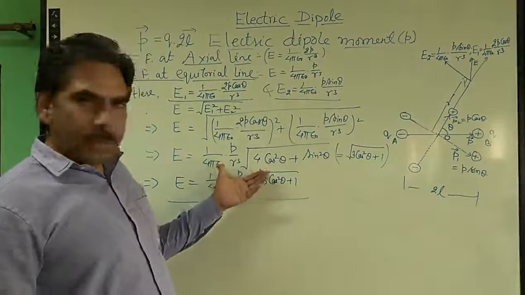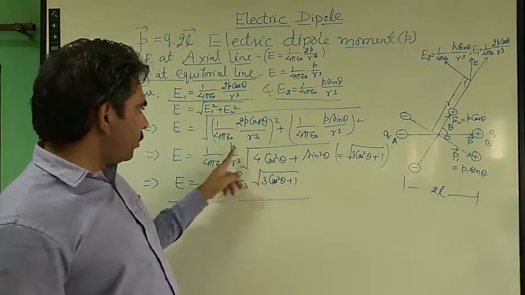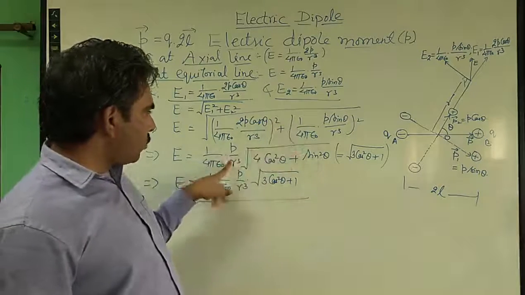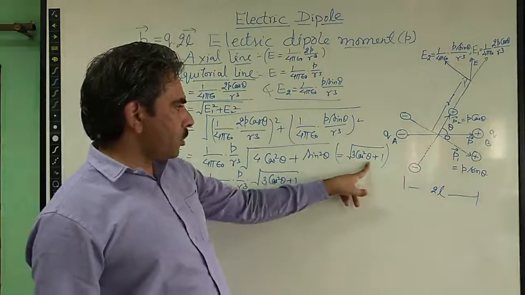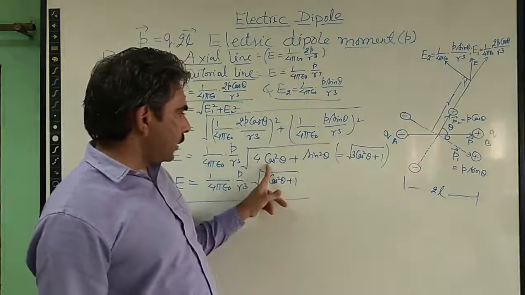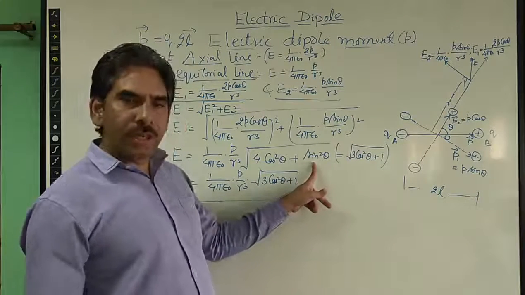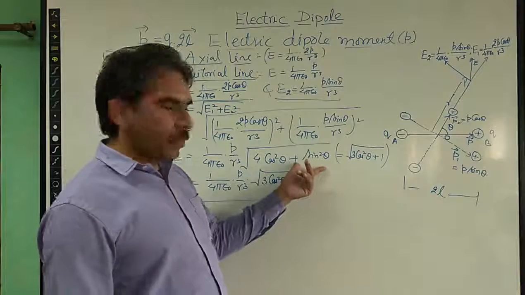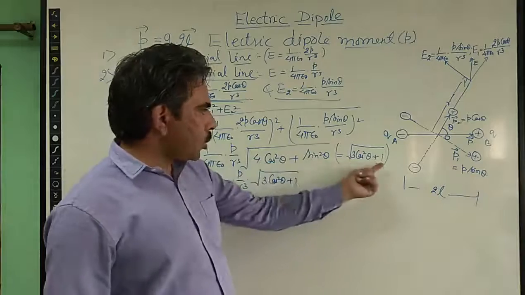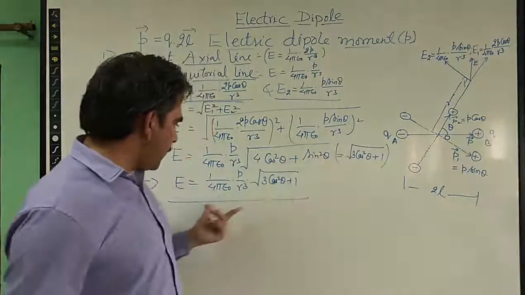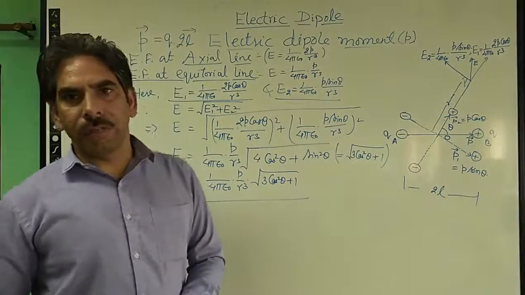After some calculation, taking some terms outside, what is left inside is 3 cos square theta plus 1, because one of the cos square theta is combined with sin square theta, using the identity cos square theta plus sin square theta equals 1. So 3 cos square theta plus 1 under root. This is the net electric field we are left with.